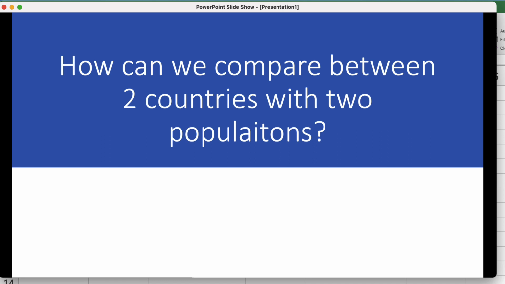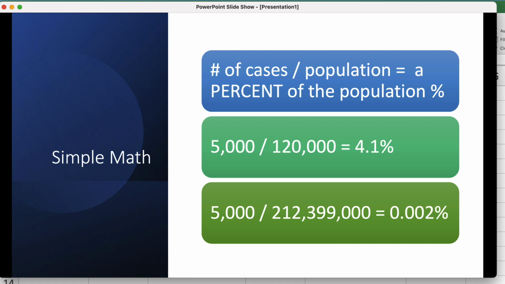How can we compare between the two countries with two populations? Well, just as a percent, we need to take the total number of cases divided by the population, and that gives us a percent of the population. So here, 5,000 out of 120,000 is 4.1%.